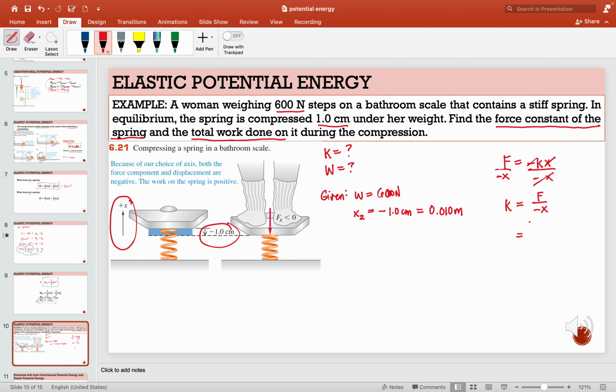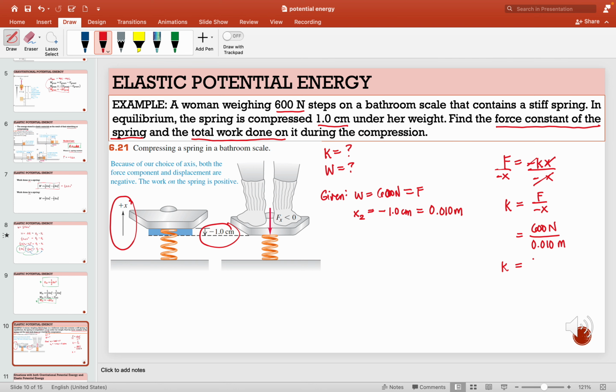Substituting the values, our force is the weight of the woman, so 600 newtons divided by 0.010 meter. Okay, so if you have calculators, you can also check if you have the same result.